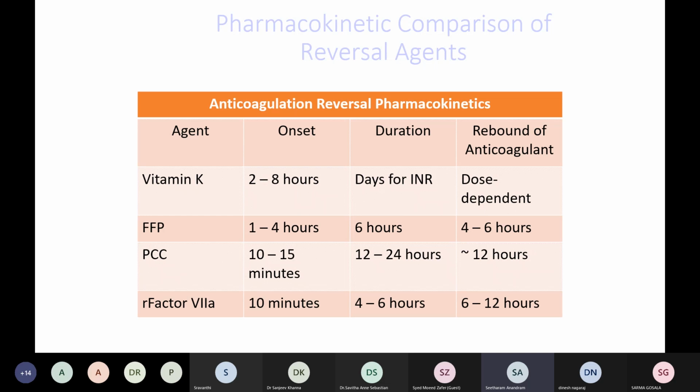If you give FFP, it takes about 1 to 4 hours to work, which is why PCC is preferred in bleeding due to warfarin or acitrom, because it works within 10 to 15 minutes. The other thing which you can use is recombinant factor 7A, also called NovoSeven, which again is extremely expensive and quite difficult to get.